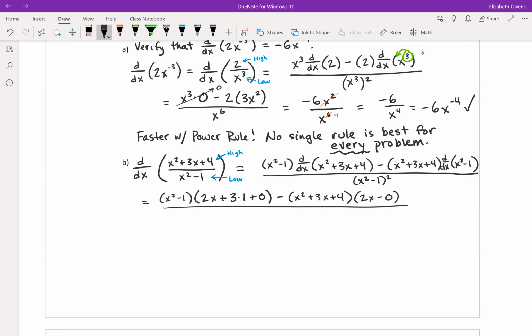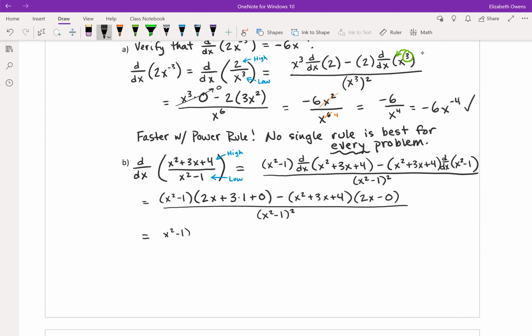Okay. Now in the denominator, you might notice that you could do a little bit of factoring there. x squared minus 1 does factor, but let's just keep it as x squared minus 1 squared for now, and then we'll see if we really need to factor it out later. Okay, because we got some simplification that we can do here.